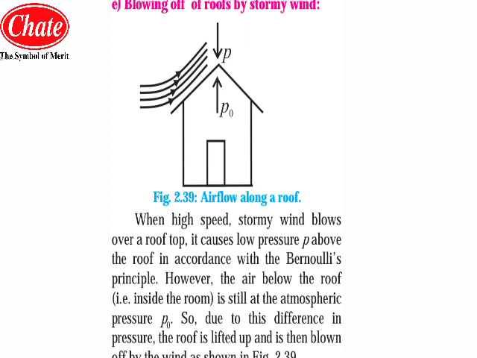When a high speed or stormy wind blows over the rooftop, it causes low pressure P above the roof in accordance with Bernoulli's principle. However, the air inside the room is still at atmospheric pressure P0. Due to this pressure difference, the roof is lifted and then blown off by the wind, as shown in the figure. So this is how the blowing of a roof by stormy wind happens.